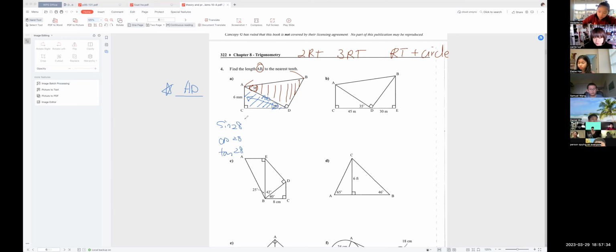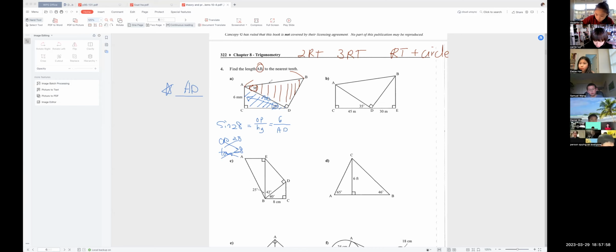Which one are we going to use? Sine. Very good. Why? Because sine 28 is opposite over hypotenuse, and the opposite we know is 6 over AD. Correct, everybody?